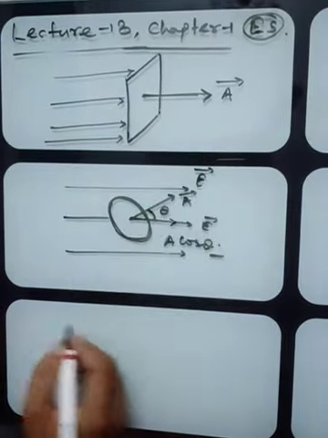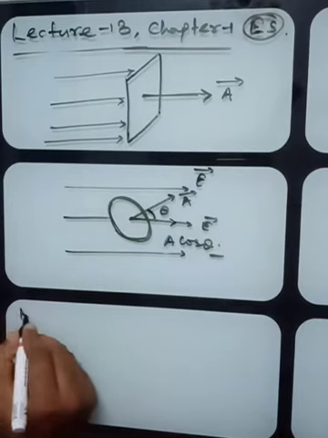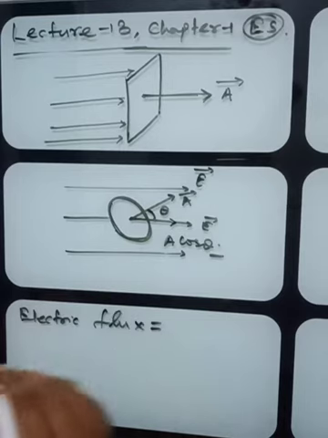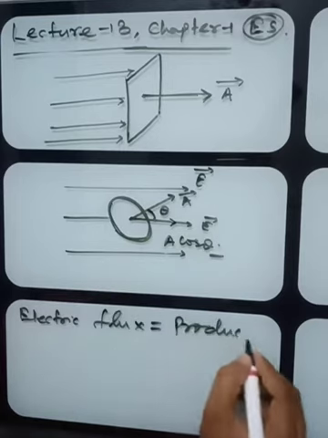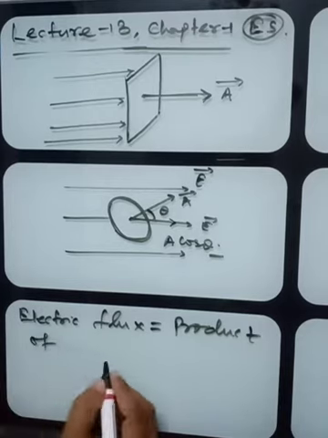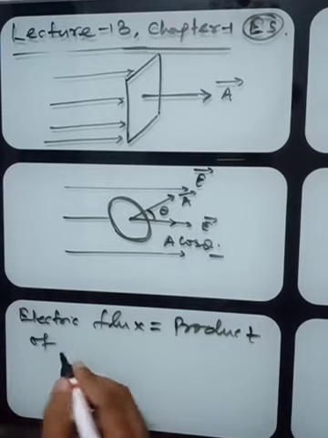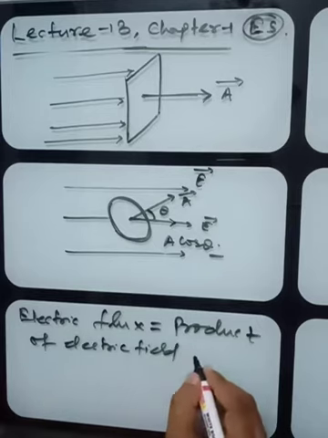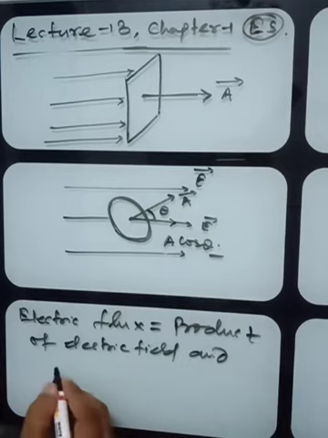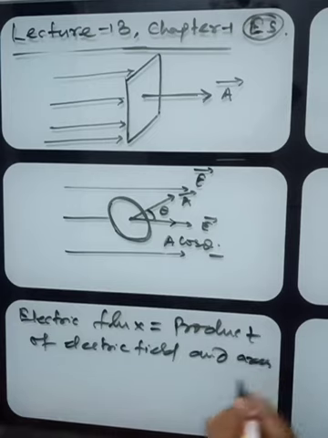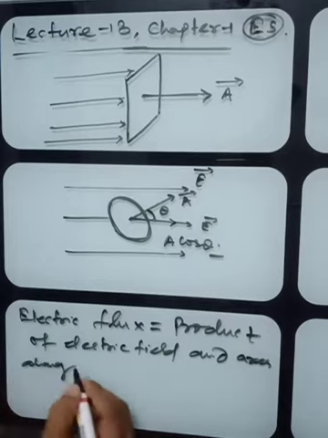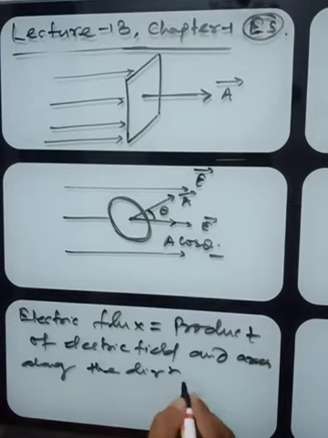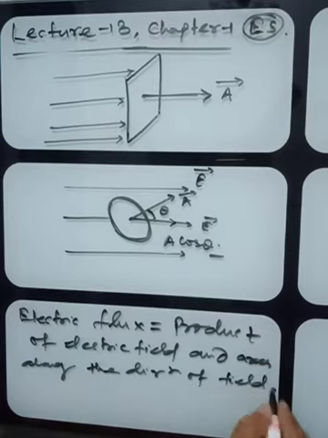So this electric flux is nothing but the product of the electric field and the area along the direction of the field.